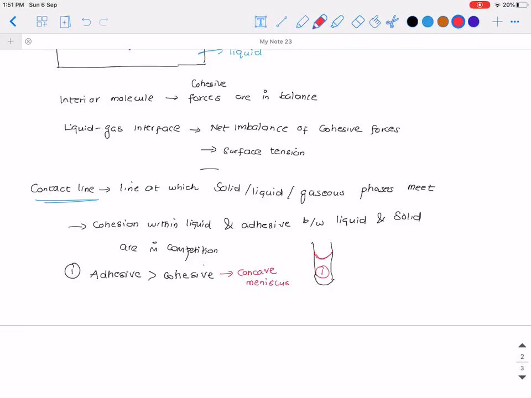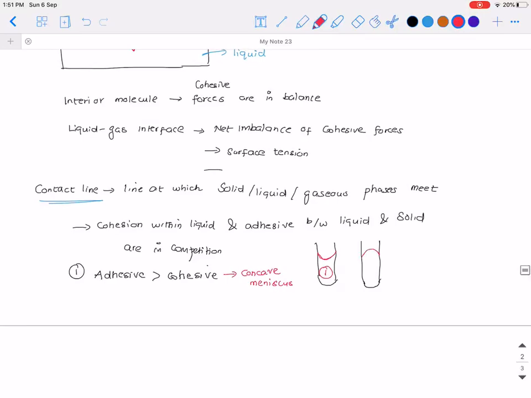Okay, this is case 1. In the other case, when the adhesion is smaller than cohesion, we get a convex meniscus. Okay, this is case 2, which is given by adhesive forces smaller than cohesive forces, so we get a convex meniscus.